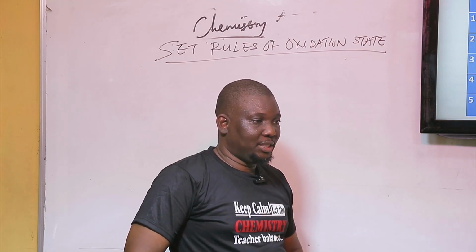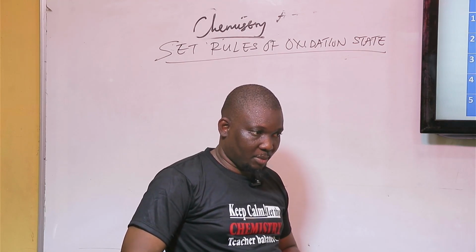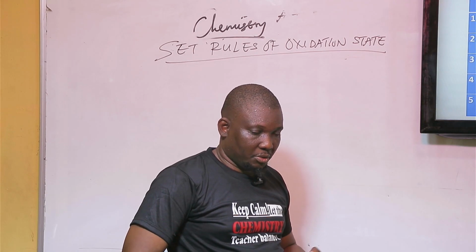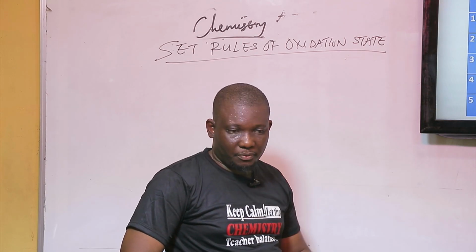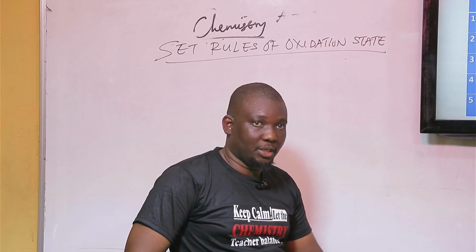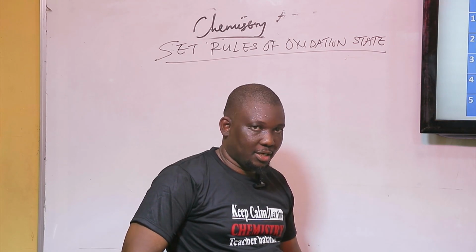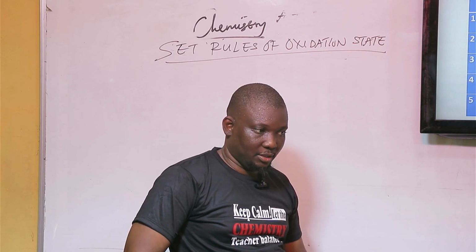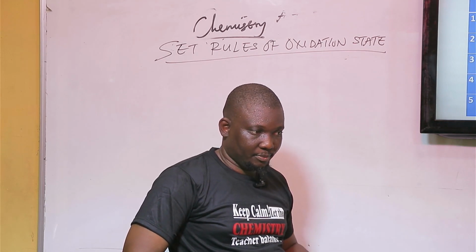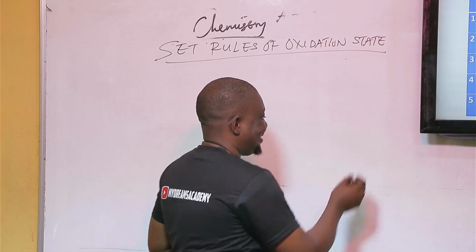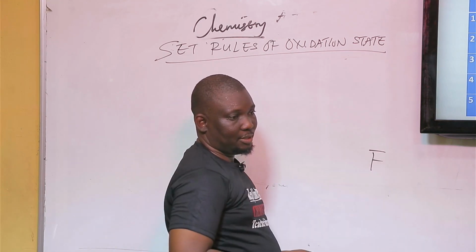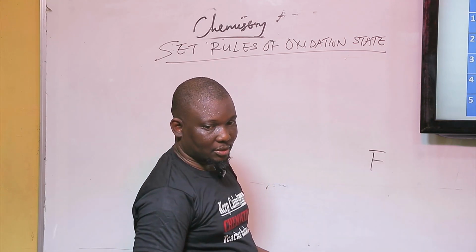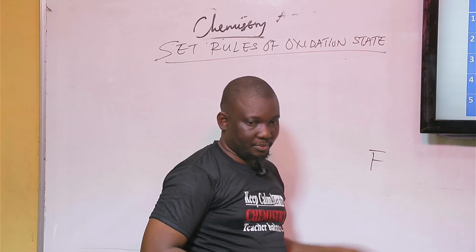Then for combined fluorine, there are compounds of fluorine, like hydrogen fluoride and sodium fluoride. These are combined fluorine. But fluorine as an element has an oxidation state of what? 0.